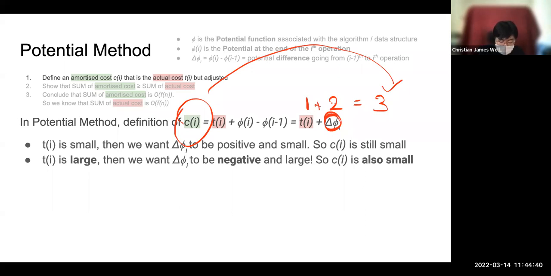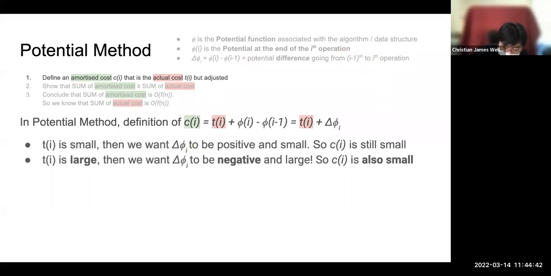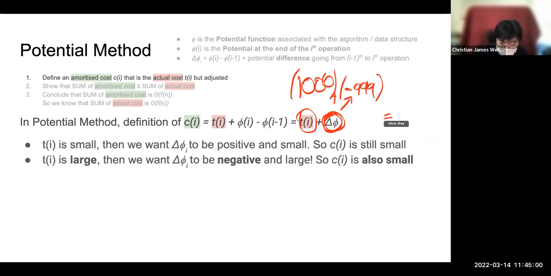But let's say t_i is large and this is the expensive operation. Let's say this is 100 or maybe 1,000. I want delta phi of i to also be very negative, like negative 999, so that if you add this up together, it becomes cheap.